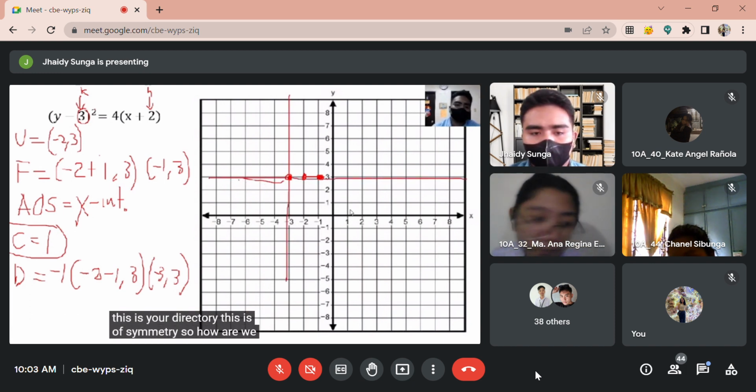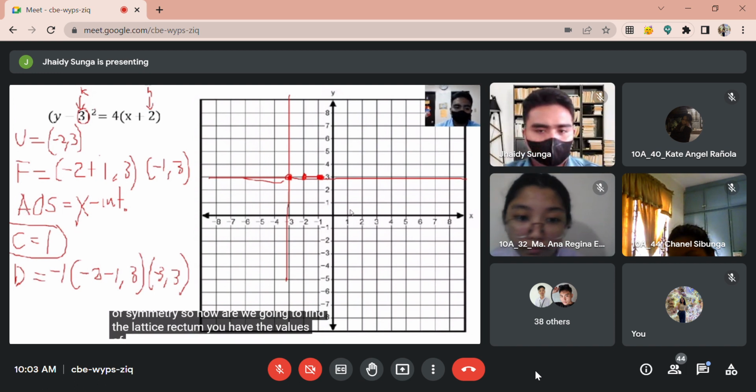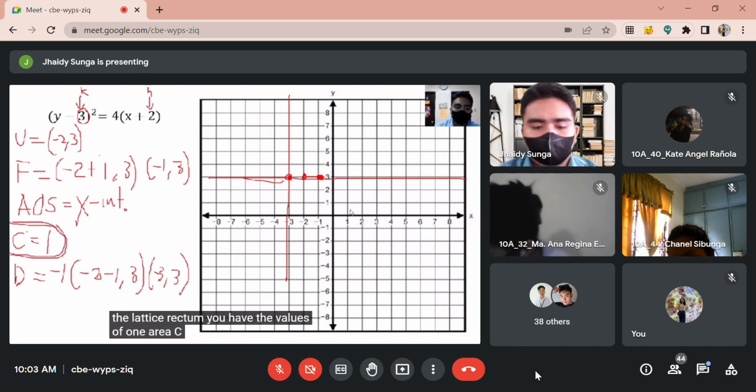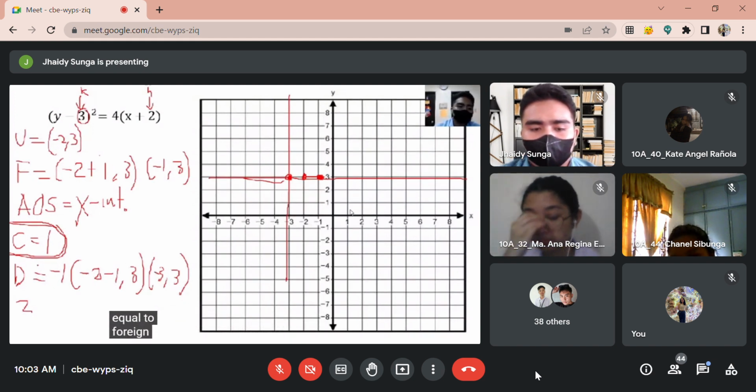So how are we going to find the latus rectum? You have the value of 1 for your c, no? So we said that half of the latus rectum is equal to 2c.